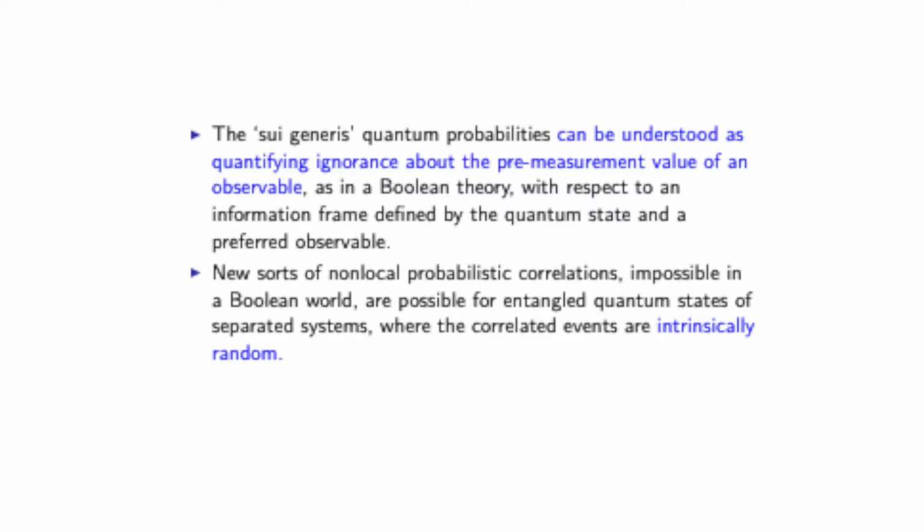So the sui generis quantum probabilities can be understood as quantifying ignorance about the pre-measurement values of observables, as in a Boolean theory, with respect to what I call an information frame defined by the quantum state and a preferred observable.